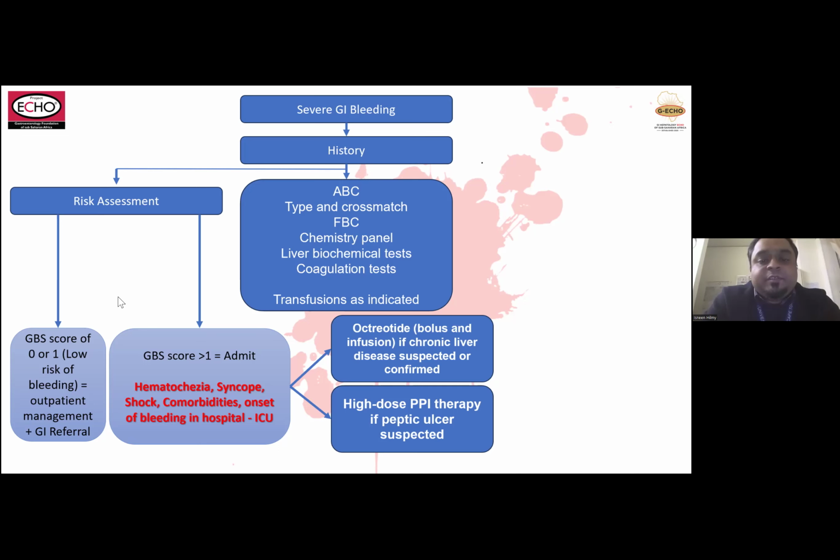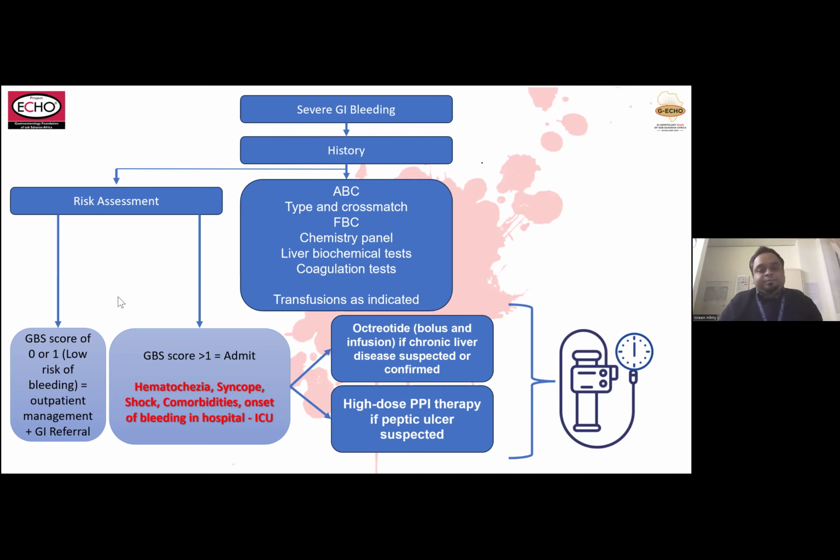If you suspect the patient has chronic liver disease, or if the patient has confirmed chronic liver disease, we can start with a somatostatin analog. And if you're not suspecting chronic liver disease, you can go for high dose PPI therapy if you suspect peptic ulcer disease. And then one would go for endoscopy.